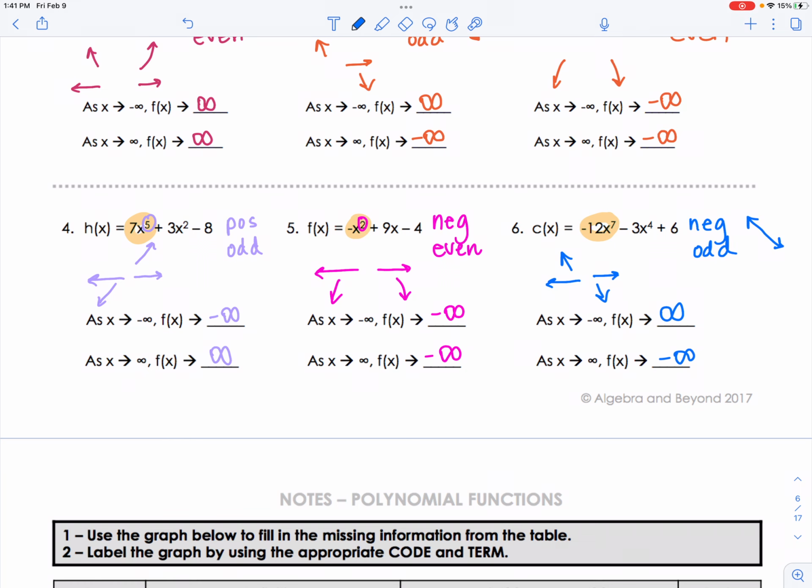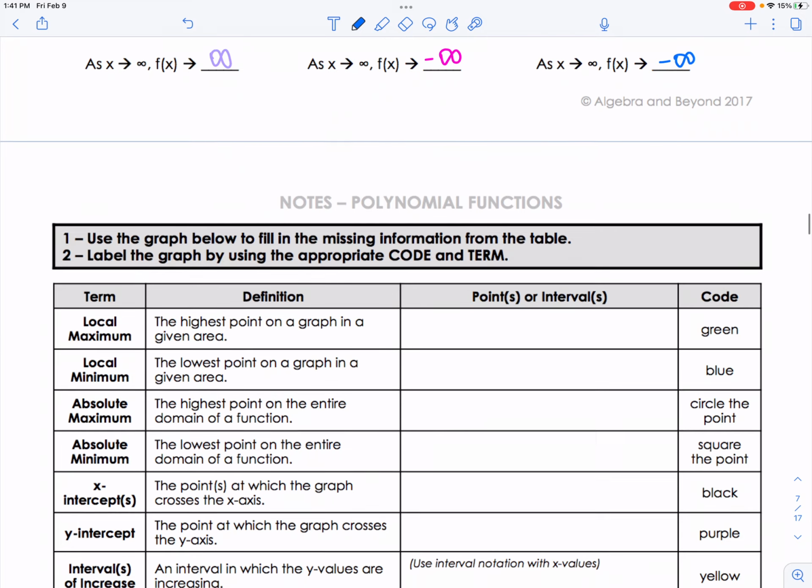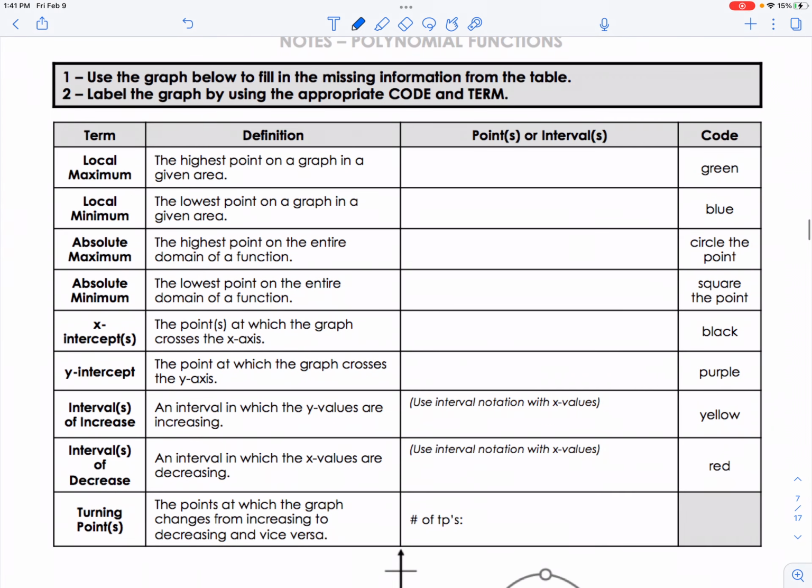And then the last thing we're going to look at, we're going to use the graph below to fill in the missing information from the table. We're going to label the graph by using the appropriate code and term. These terms are going to be very important. We have local maximum, local minimum, absolute maximum, and absolute minimum, also known as global min and global max.